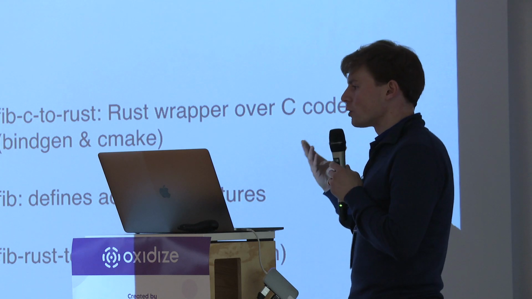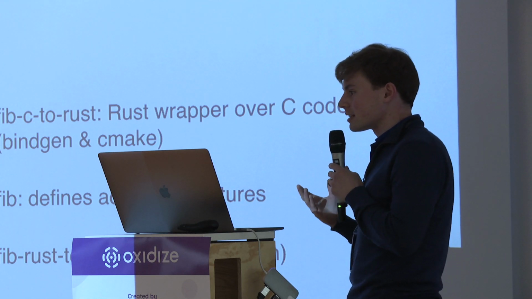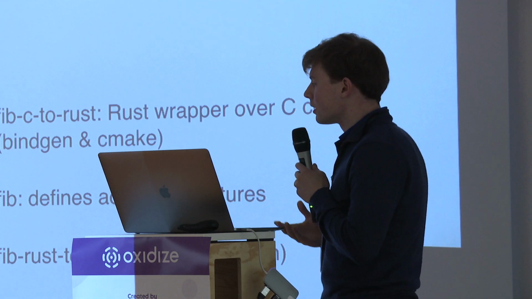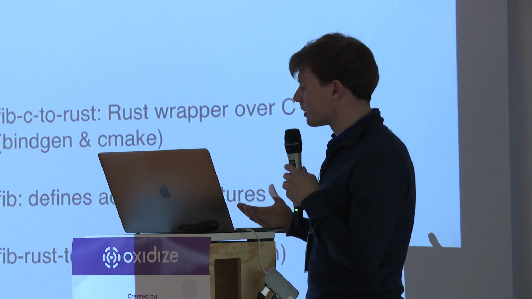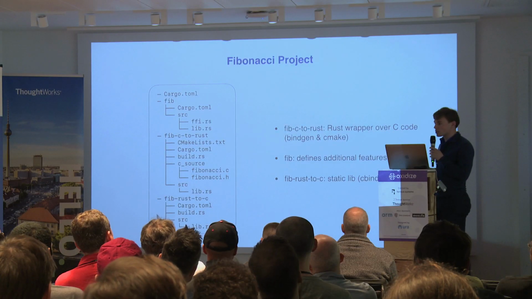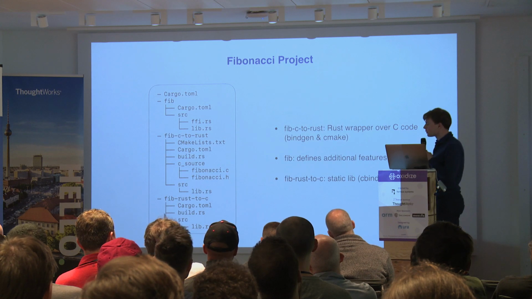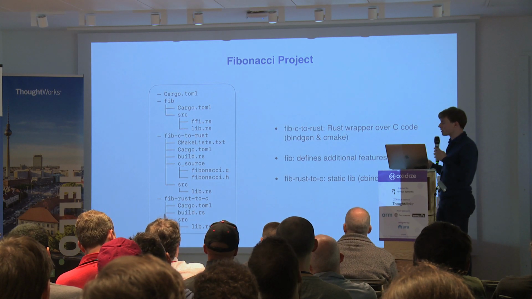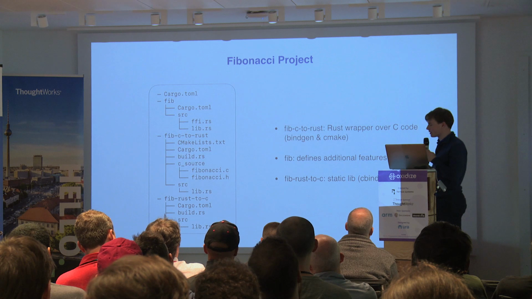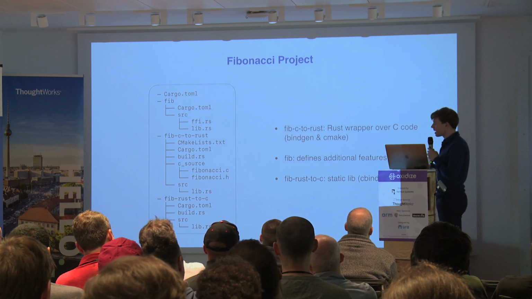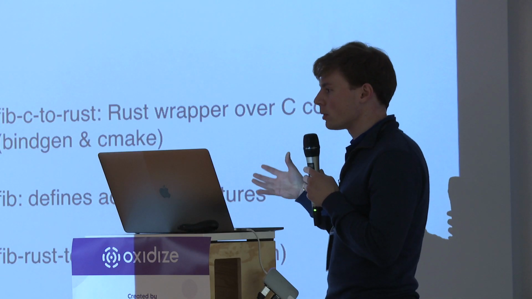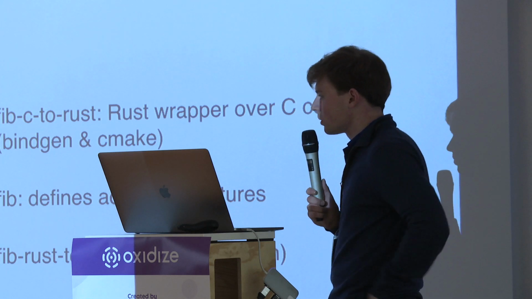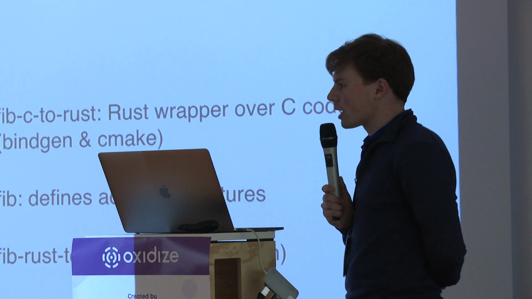And finally, the one that will be built at the end for your client will be the FibRust2C, and this one we call the cBindGen. And by doing only a cargo build with a cortex-m target, you will have everything plugged. And this is where the cargo magic happens.